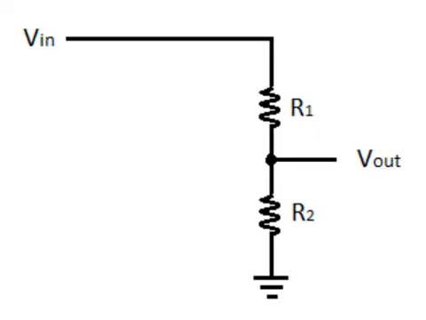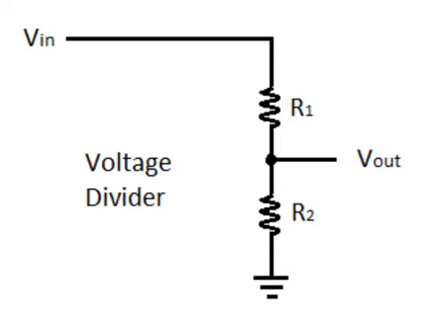What is this circuit? This is a voltage divider. You've got the input voltage in the upper left, going through a network of two resistors, and the output voltage on the right, coming out between the two resistors.